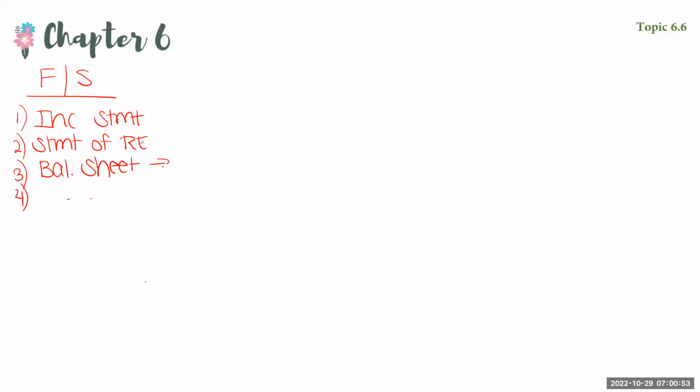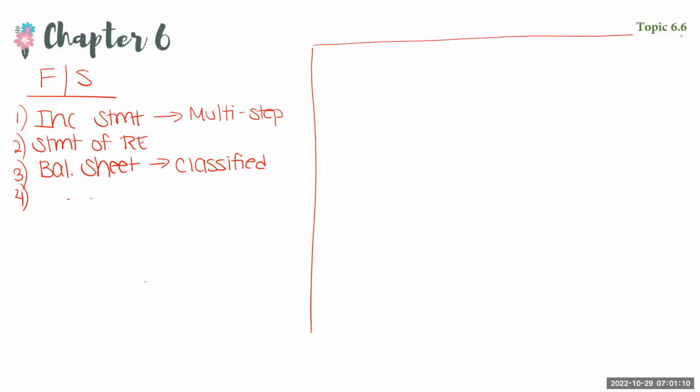So last chapter, we learned about a new way to organize our balance sheet. It was the classified format. This chapter, we're going to learn a new way to organize our income statement, and it's going to be called the multi-step income statement. Okay, and specifically the multi-step is helpful for merchandising companies, right?